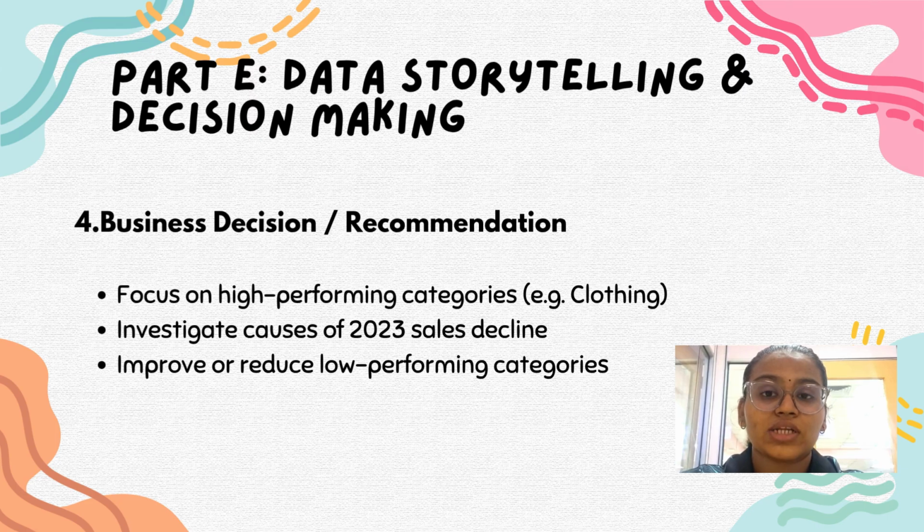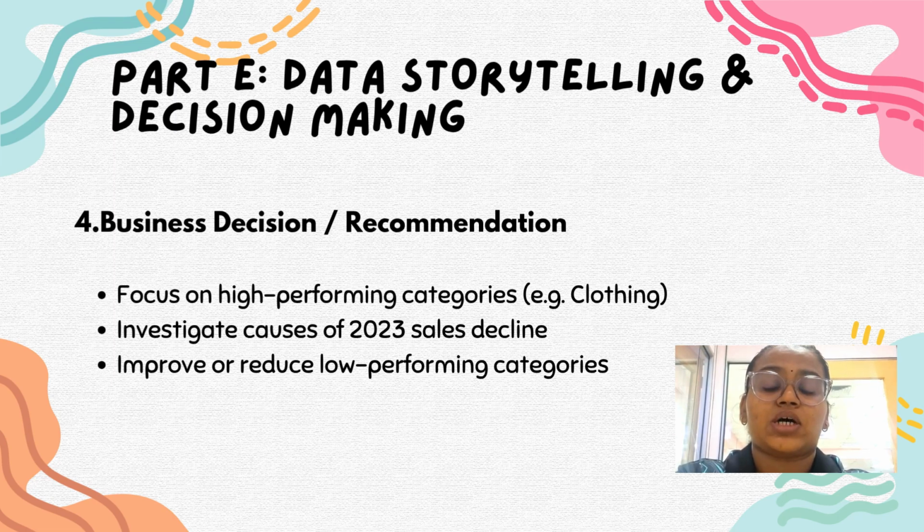So now, what is our path forward? Based on this data, I have three main recommendations. First, we must double down on our high performing categories, specifically clothing, to stabilize the revenue.